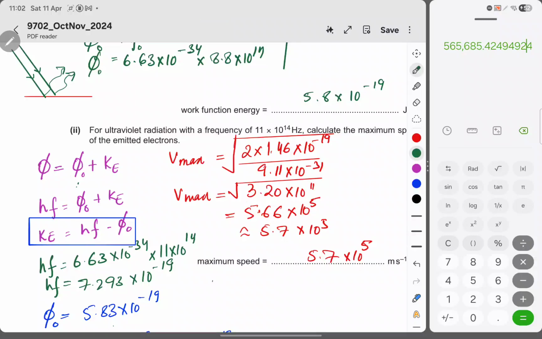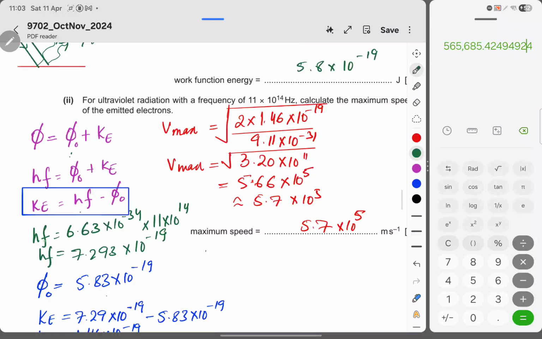So, after substituting the known values, kinetic energy equals the maximum energy minus the minimum work function. So we get hf equals 6.63 into 10 to the power minus 34 into 11 into 10 to the power 14.